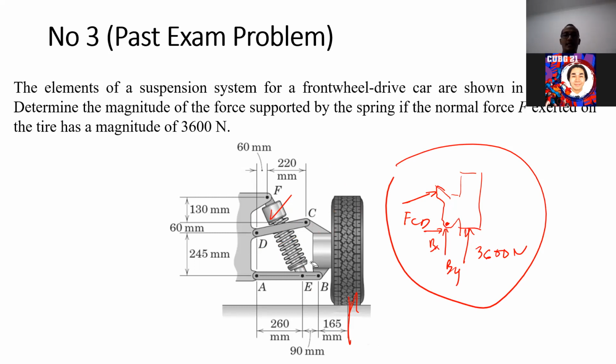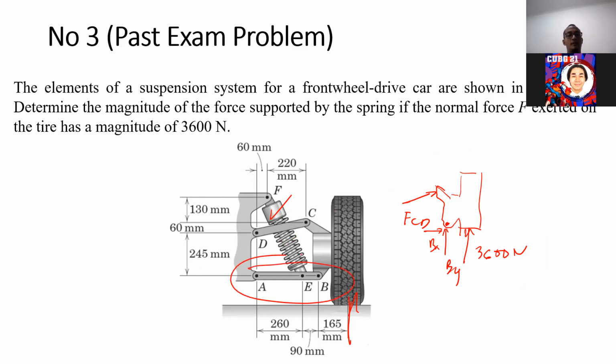And then after you find out BX and BY, the next thing you're supposed to solve is the bottom one, AEB. You have BX, BY there from the previous calculation, which is known. Then we have AX, AY at point A, and FEF there.